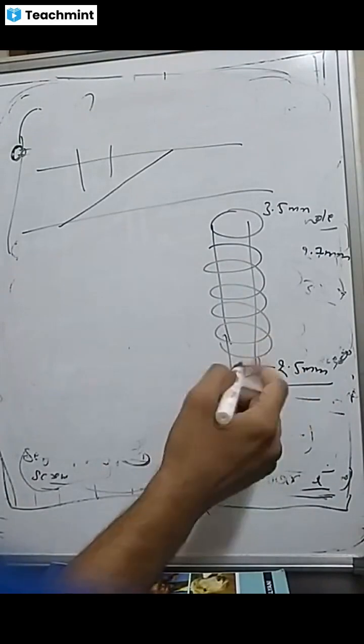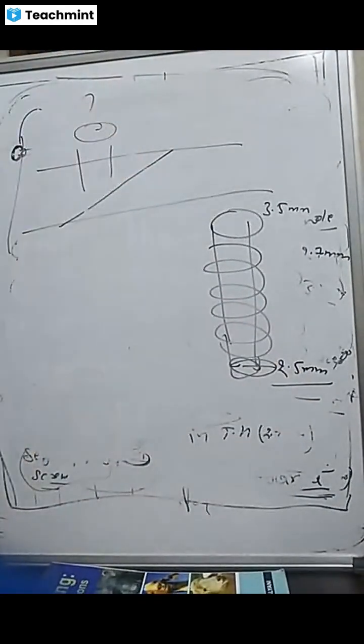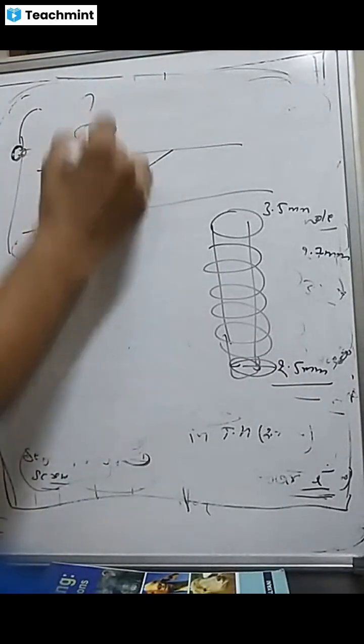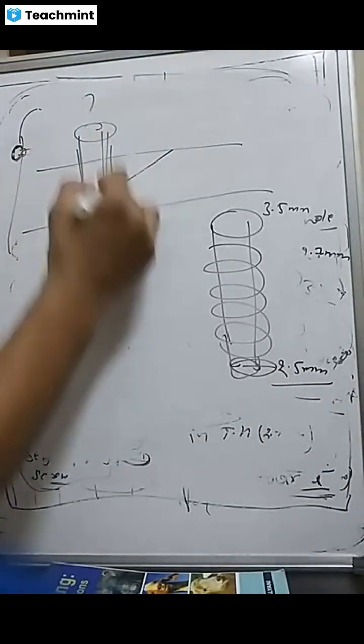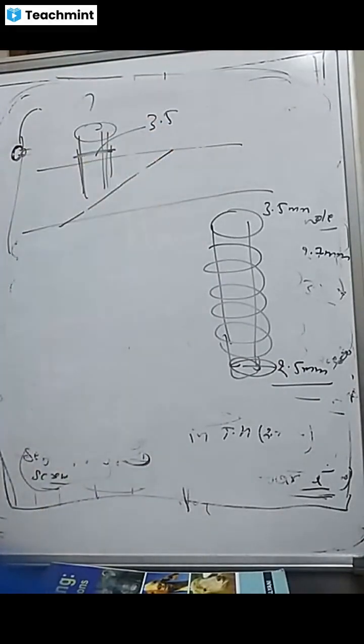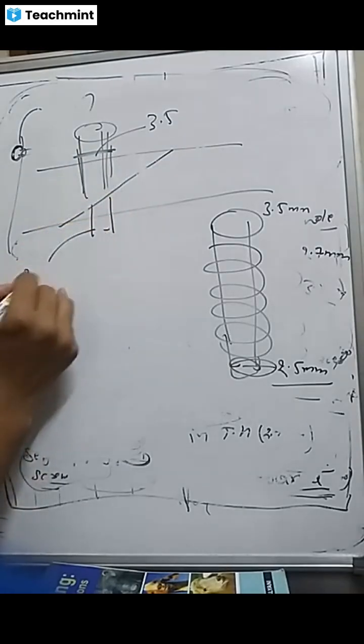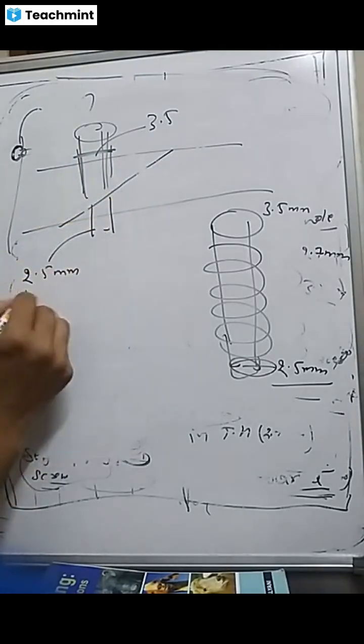Put your screw here. This is the head. It will glide. The size of this hole is 3.5, so it can easily enter. The problem is here: we created a 2.7 mm hole.